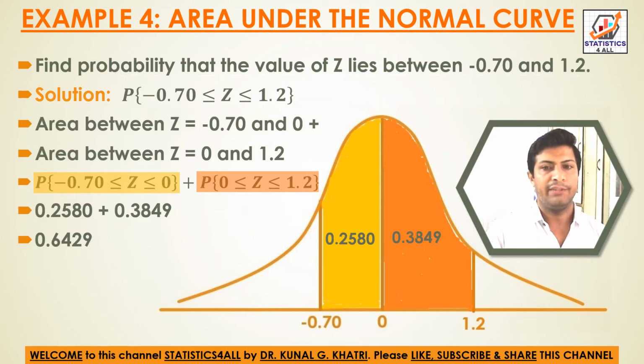So by adding both of these, 0.2580 plus 0.3849, we get the value 0.6429.